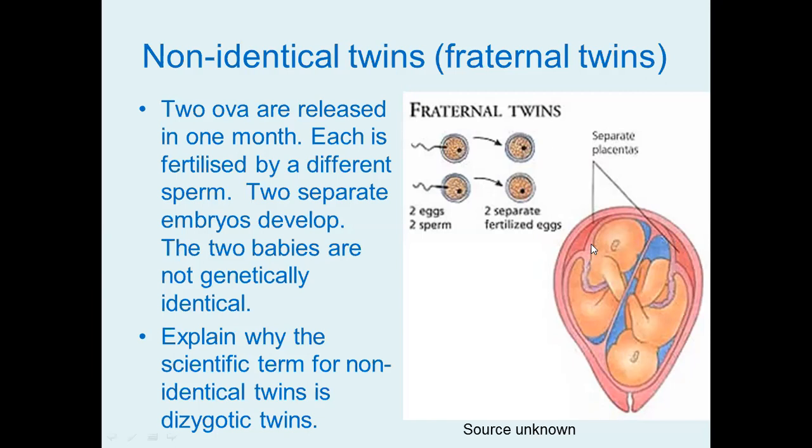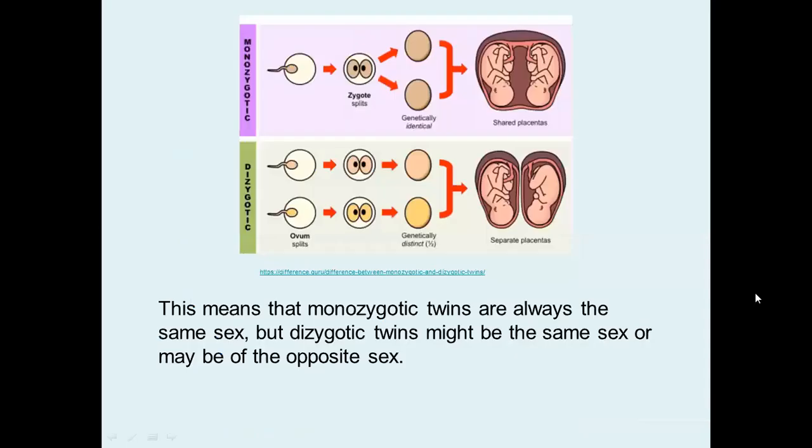They've got 2 separate placentas at totally different places in the uterus, and they are genetically not identical to each other. Okay, so explain why the scientific term for non-identical twins is dizygotic twins.